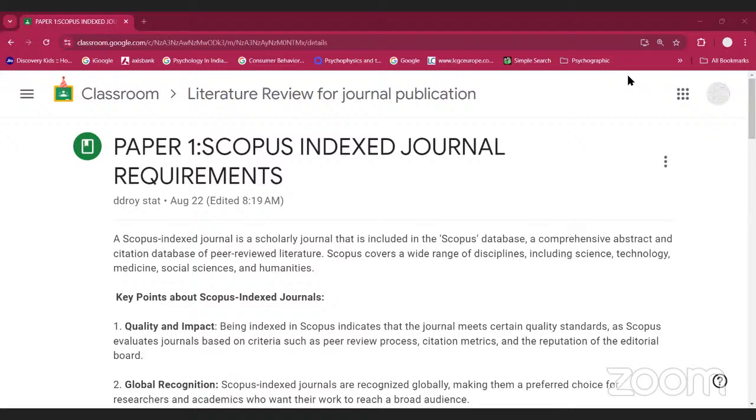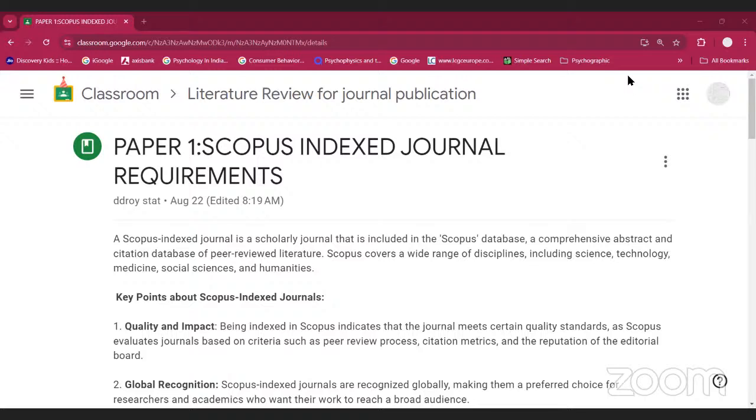Paper 1, Scopus Indexed Journal Requirements. A Scopus Indexed Journal is a scholarly journal that is included in the Scopus database, a comprehensive abstract and citation database of peer-reviewed journals. Scopus covers a wide range of disciplines, including science, technology, medicine, social science, and humanities.